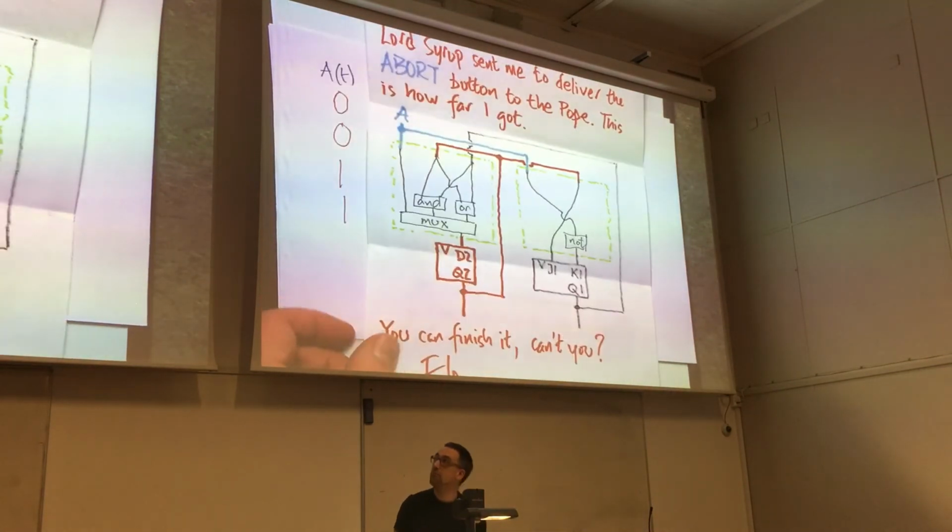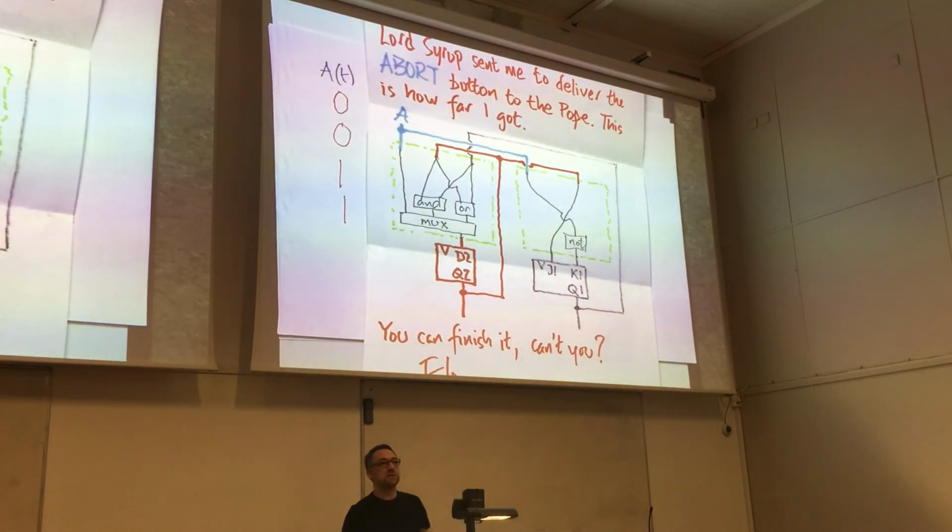There we are. We have built Donald Trump's countdown circuit, which will reach 0 if it is not aborted really rather frequently. So let's hope His Holiness takes his responsibilities seriously.